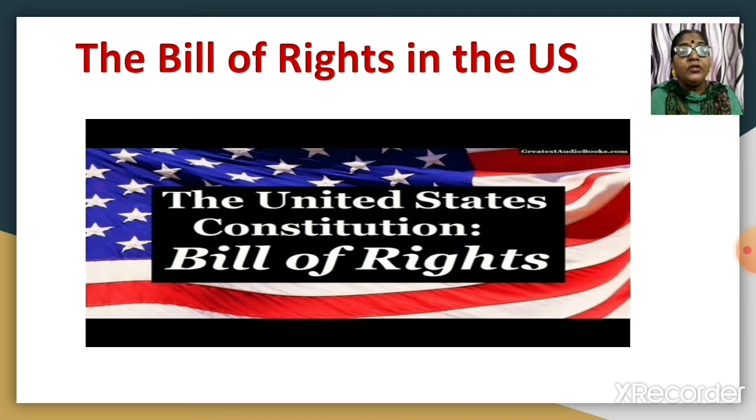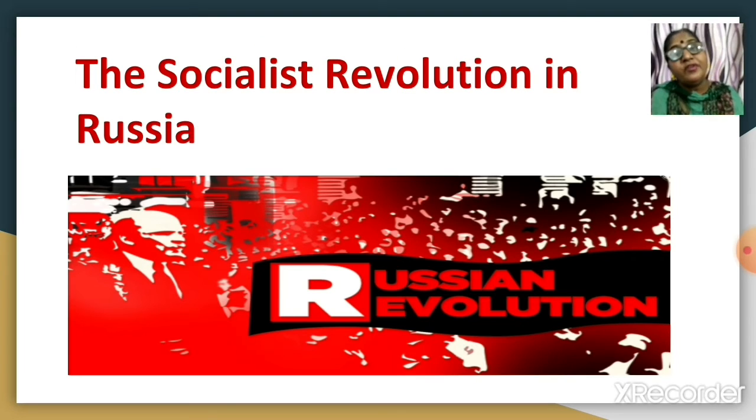Also, the socialist revolution in shaping the system. And where did this socialist revolution take place? In Russia. It also inspired many Indians to think of shaping a system based on social equality and also economic equality.